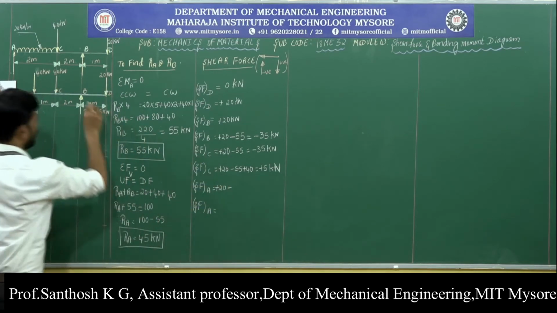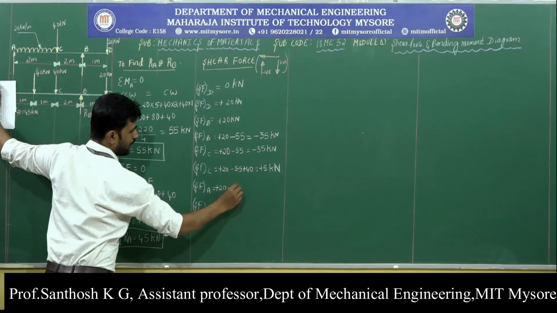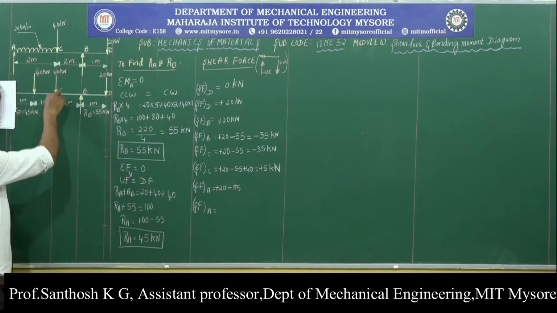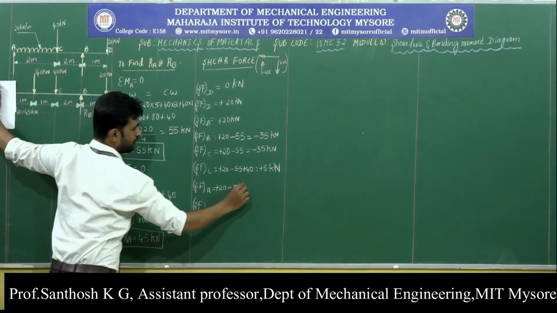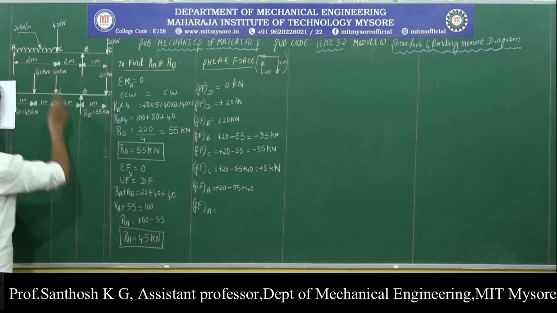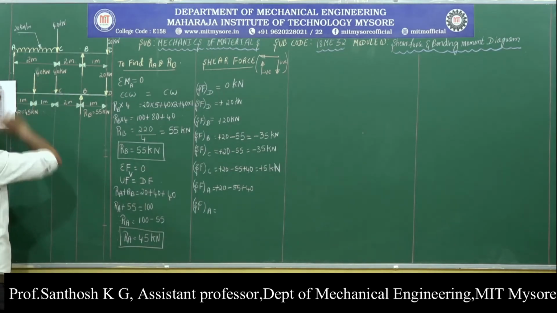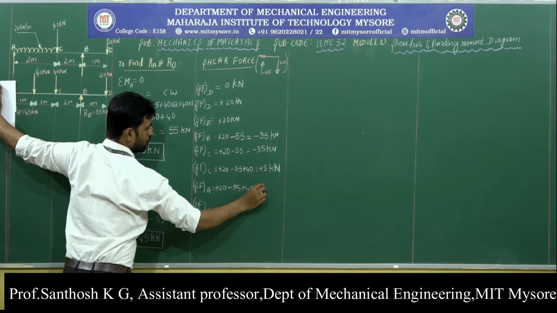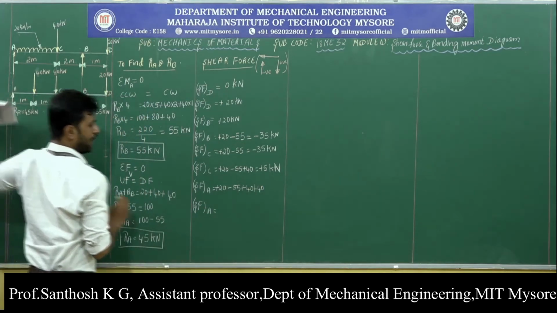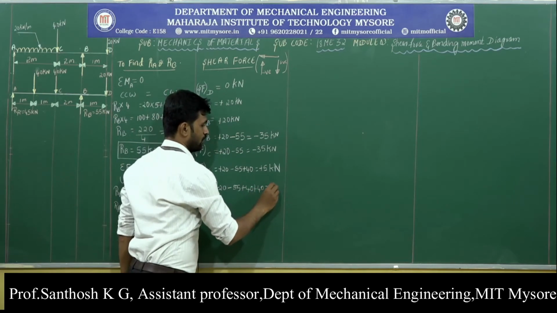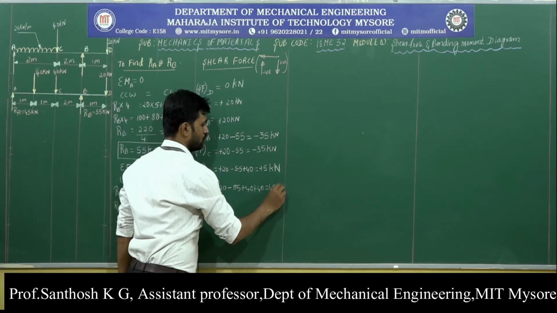Then at point B, we are having an upward force of 55 kilonewton. Then at point C, we are having a downward force of 40 kilonewton, and also we are having one more downward force of magnitude 40 kilonewton. So, when you add them all, you will get the summation as 45 kilonewton.